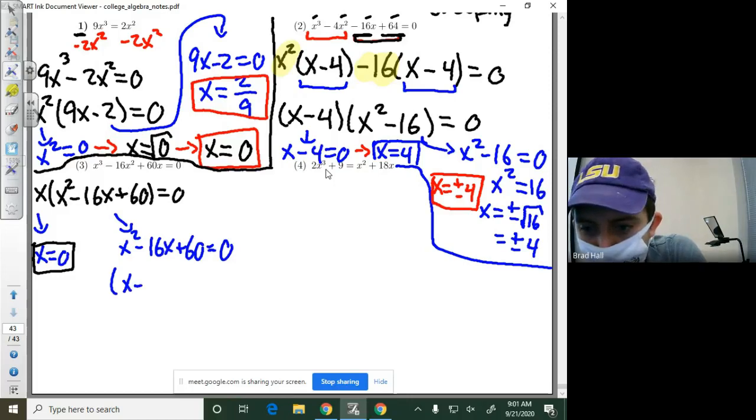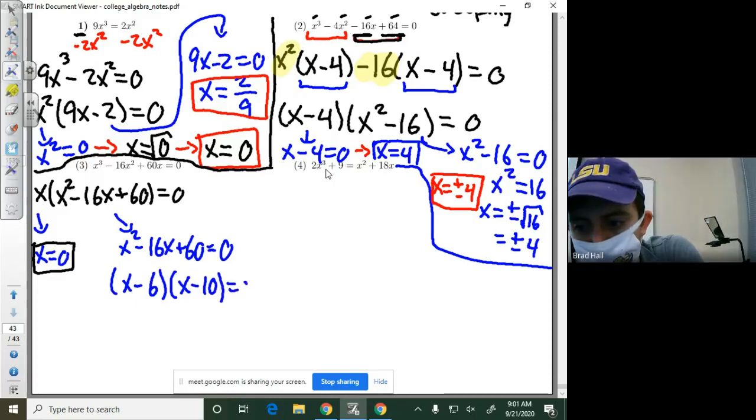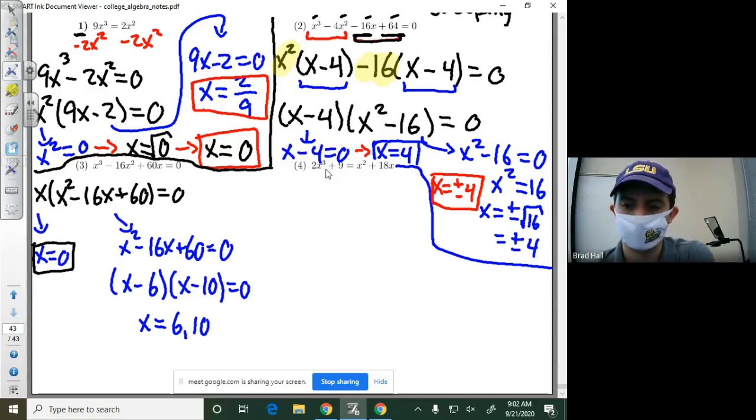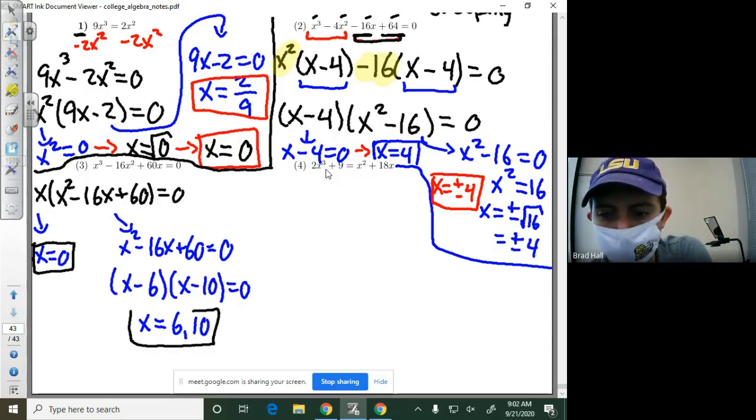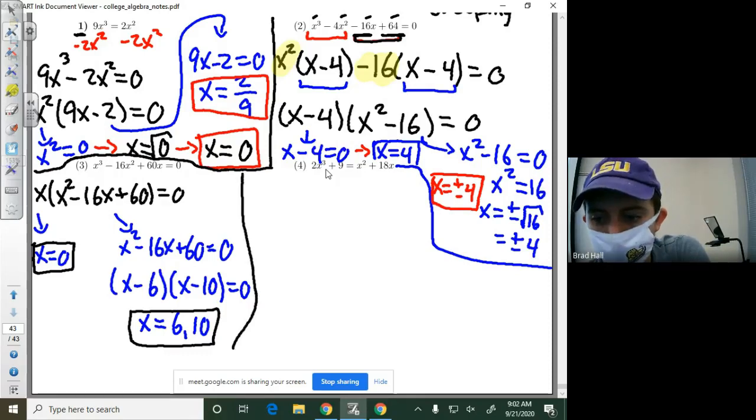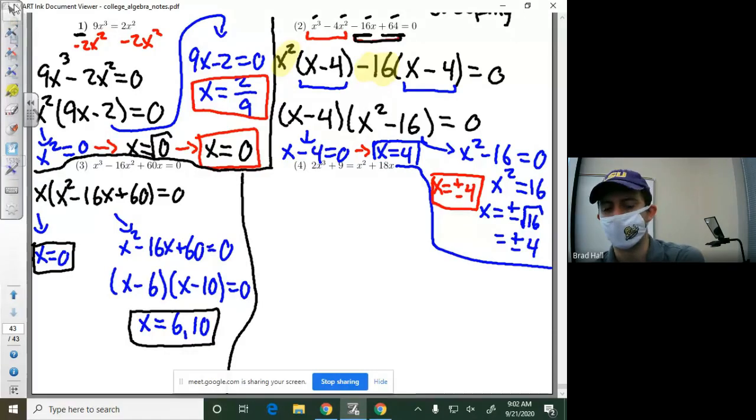This one's 6 and 10. And so we get 3 answers, but that would be it. So that one's not really grouping, more so just factoring in general.